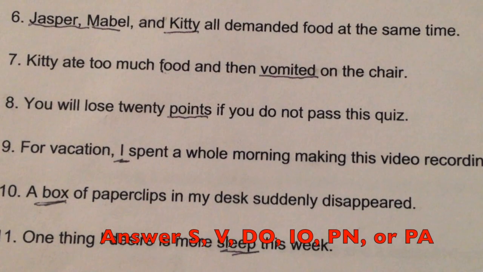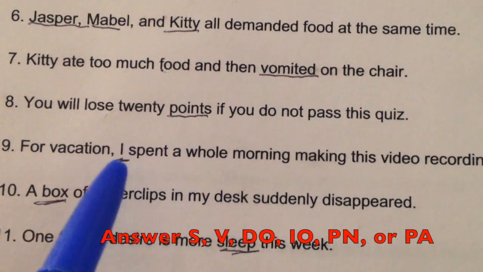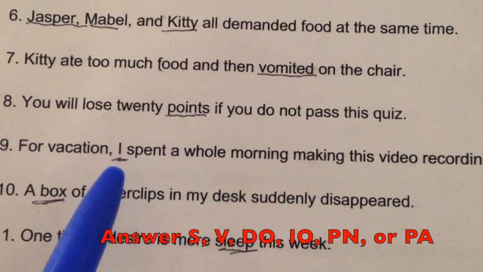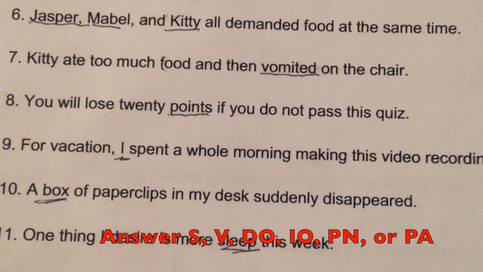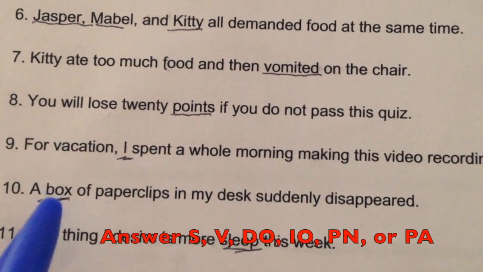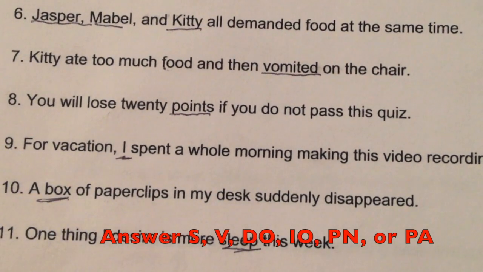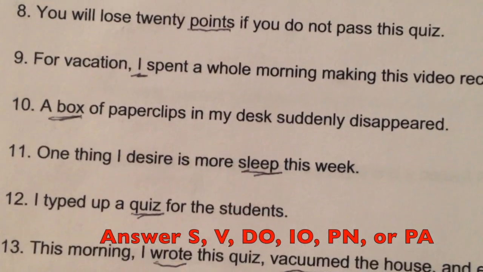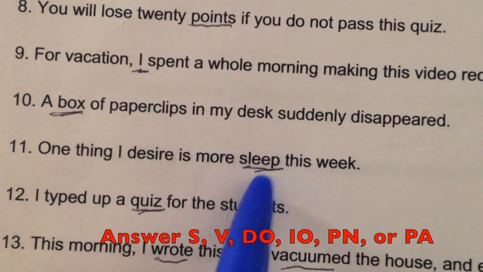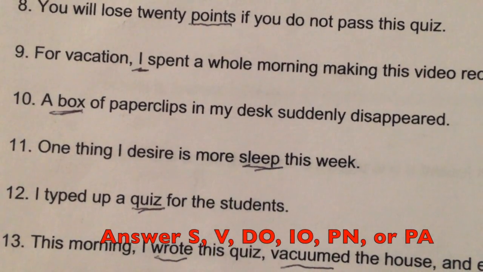Points. Number 9. "For vacation, I spent a whole morning making this video recording." Number 10. "A box of paper clips in my desk suddenly disappeared." Box. Number 11. "One thing I desire is more sleep this week." Sleep.